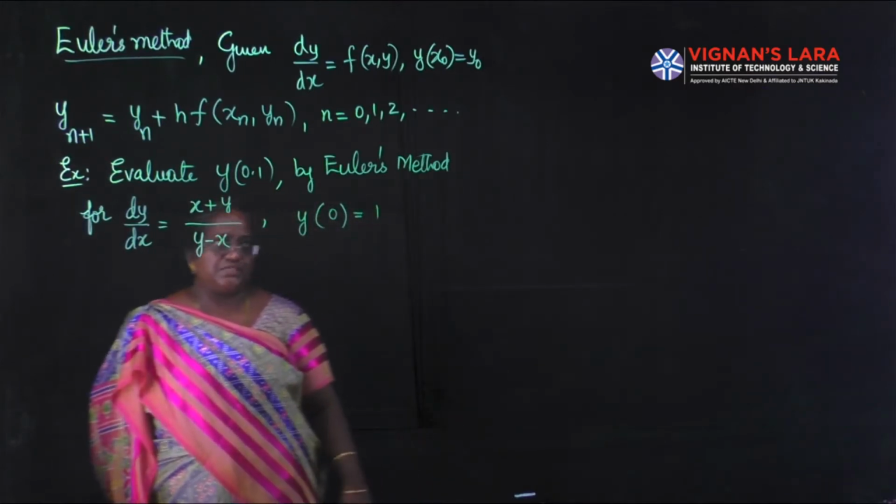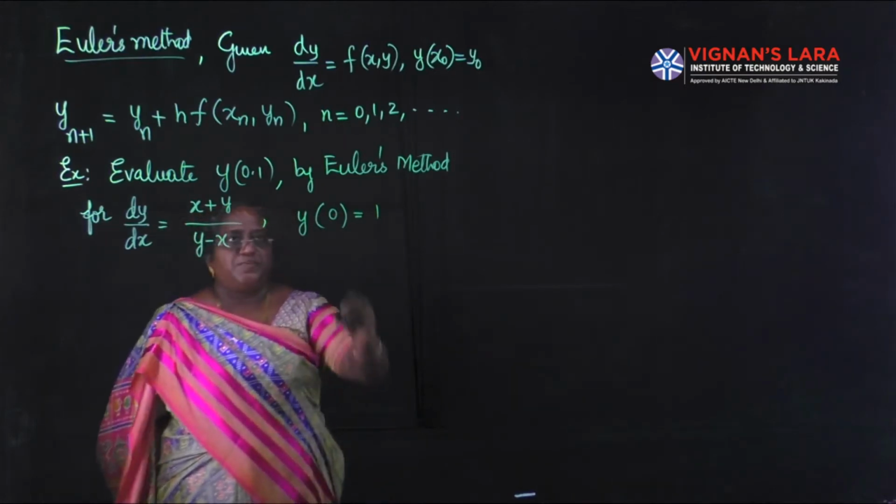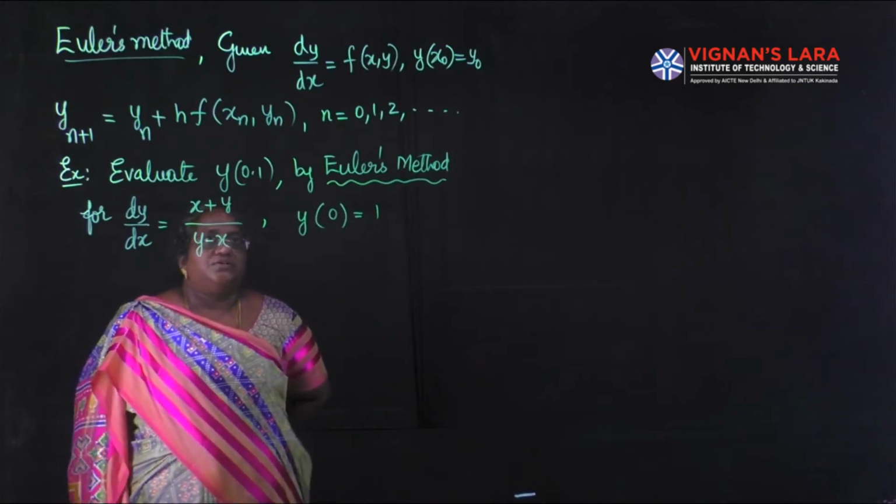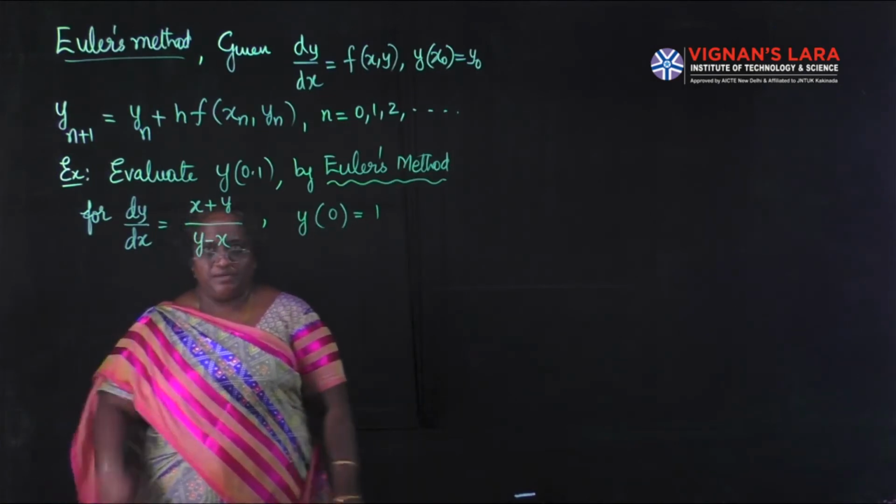Here they will compulsorily specify the method which you have to use. It is Euler's method, so you have to apply that method only.